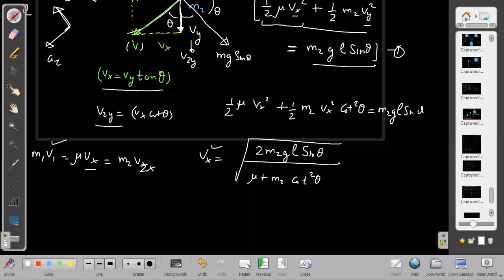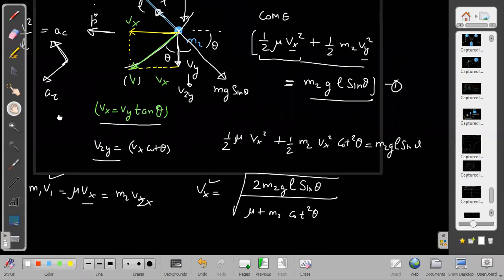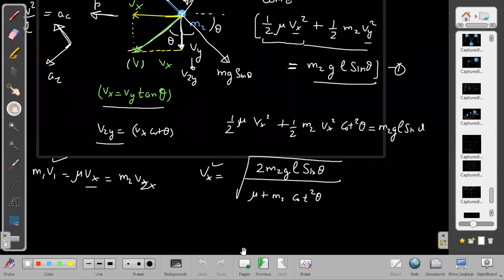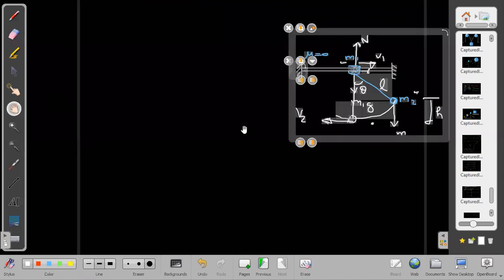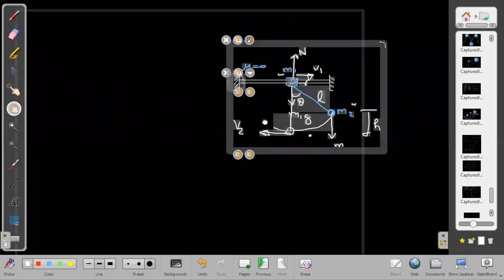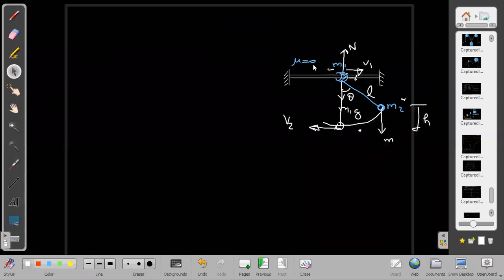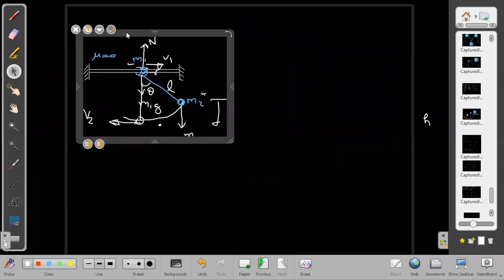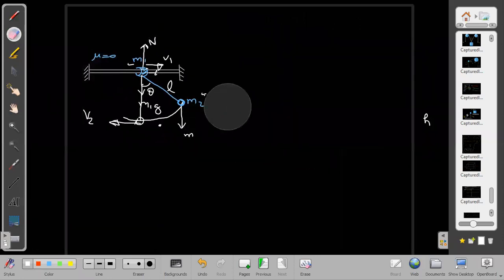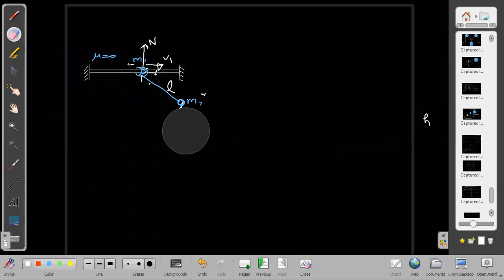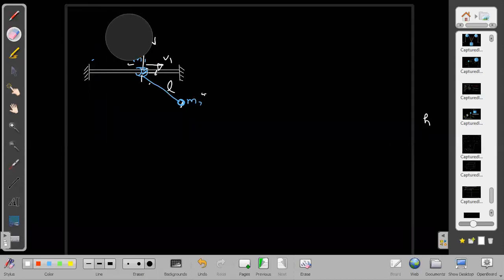But if they don't stop here and they want to ask something else, then let us try to answer that part now. What next question can they ask? They can ask, what is the tension? Now that part we have to answer. So to answer that part, again I will prefer to draw the diagram, this time for forces, mainly focusing on forces.